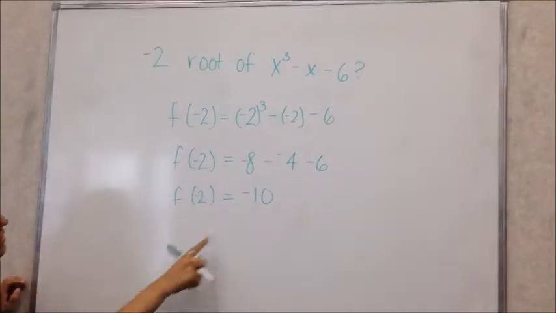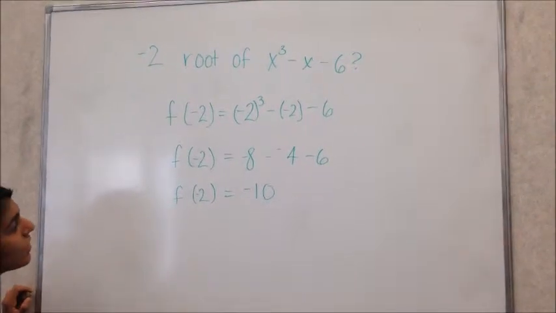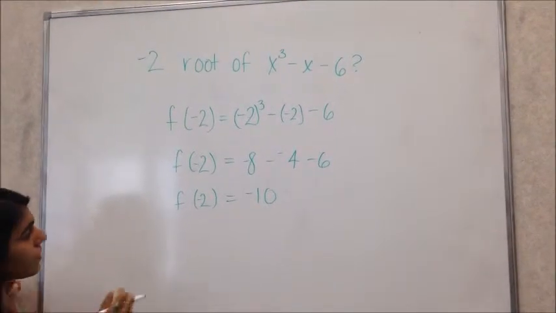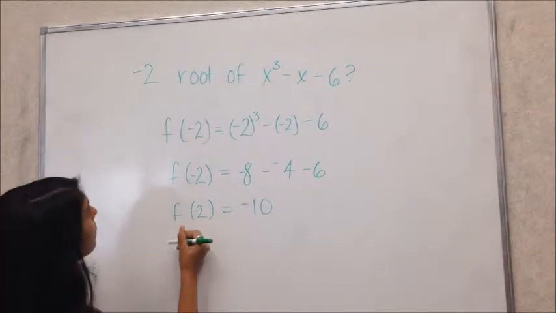Therefore, the remainder is negative 10. Since there is a remainder, we conclude that negative 2 is not a root of the equation x cubed minus x minus 6.